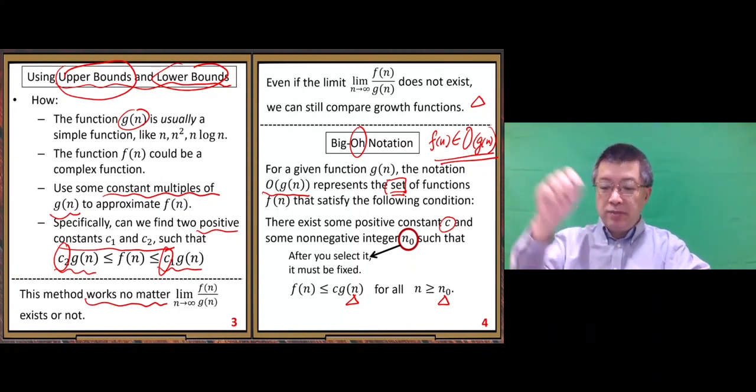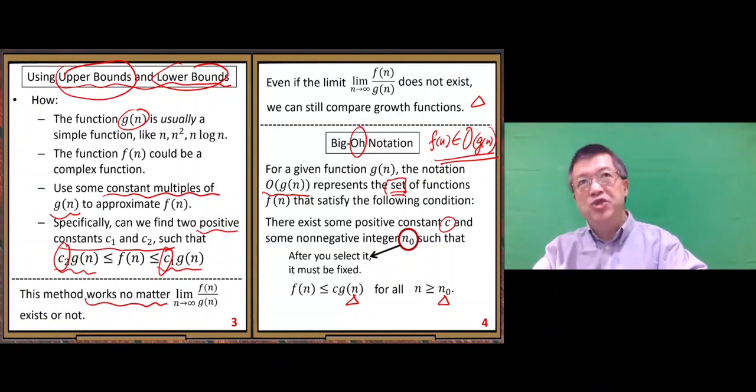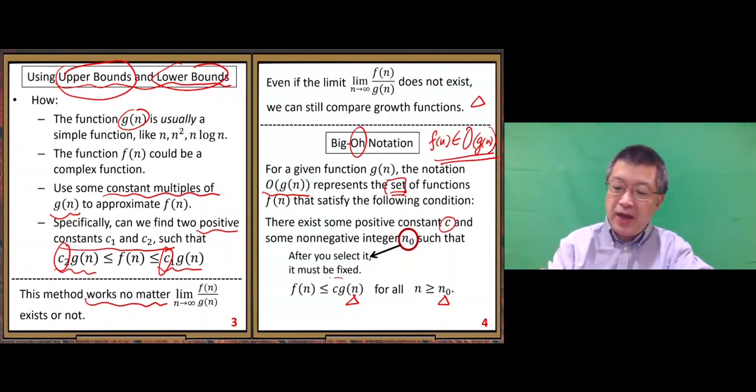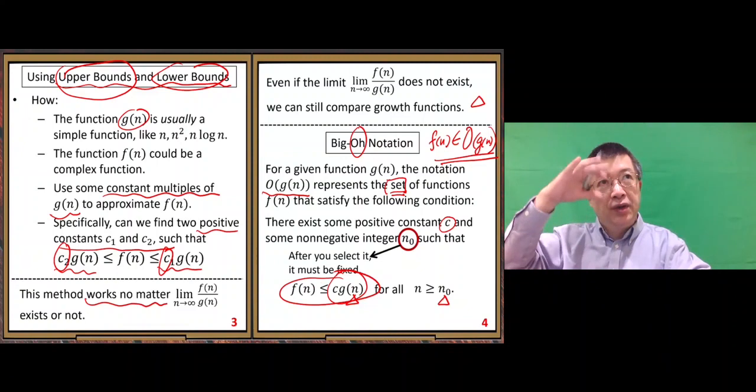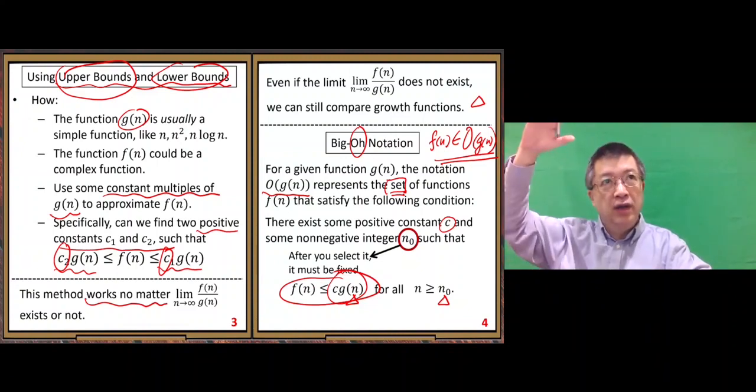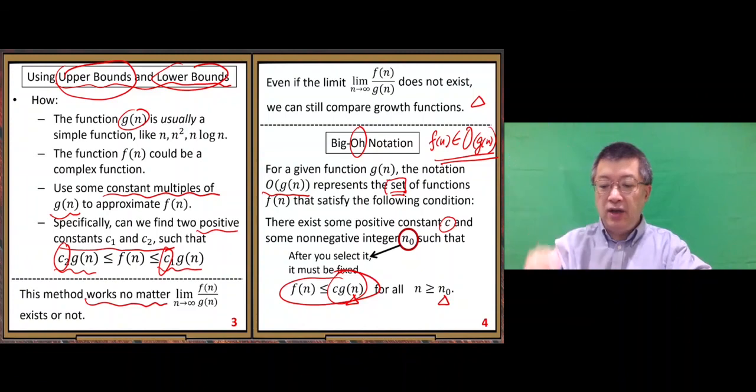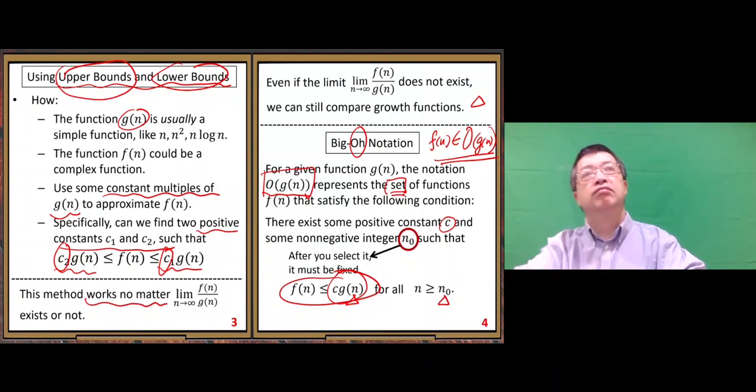Based on that arrangement, you get a constant multiple of the g function as an upper bound to control the f function from the higher side, and then you get this big O notation for the set of functions to describe the f function.